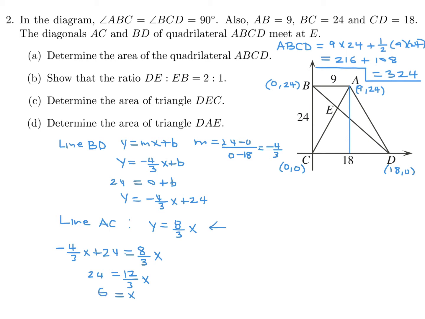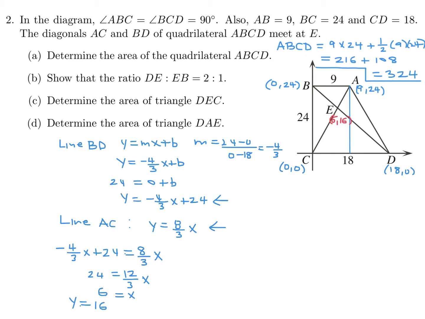Sub it back into any one of these to get the y coordinate, and when you do, you get y is equal to 16. So E, the coordinates of E, all important, are 6 and 16. This E, right there. Okay, so that is only part of this question.